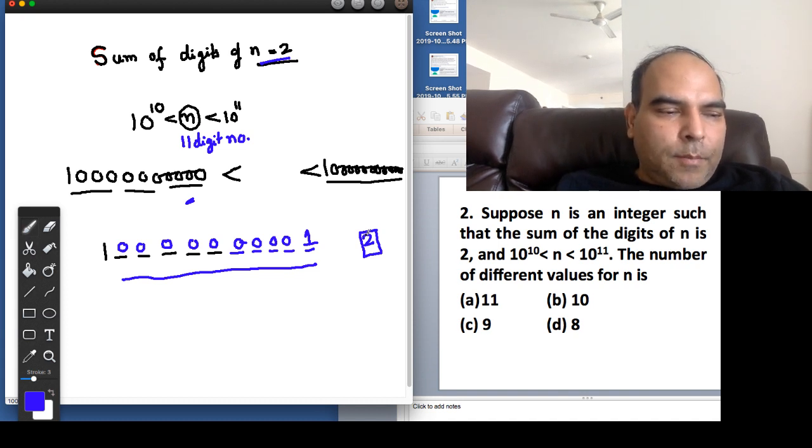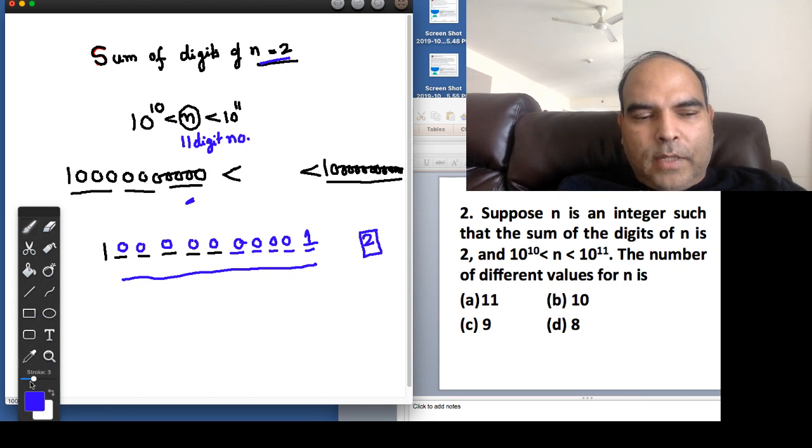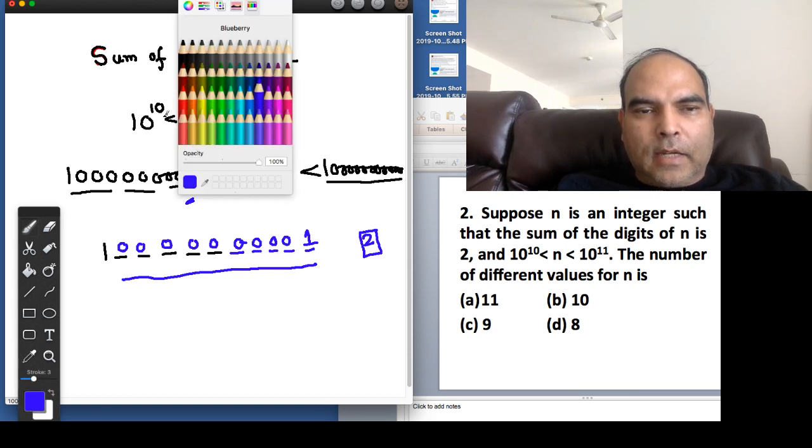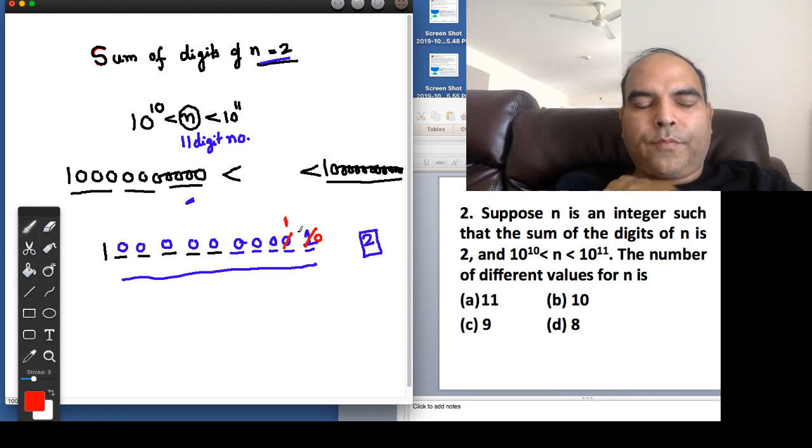And likewise, if you shift the 1 from here to this place, the sum of digits will still be 2.